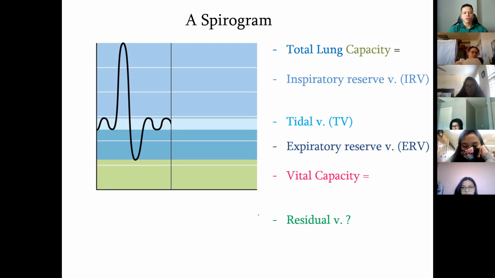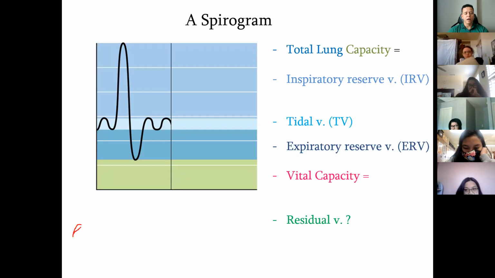As I mentioned in the lecture, the way that we do a spirometry test is that you're going to walk into a hospital or a clinic, and then the technician is going to put a tube in your mouth and you're going to be breathing only through your mouth. And the technician is going to tell you to breathe normally 5 times.